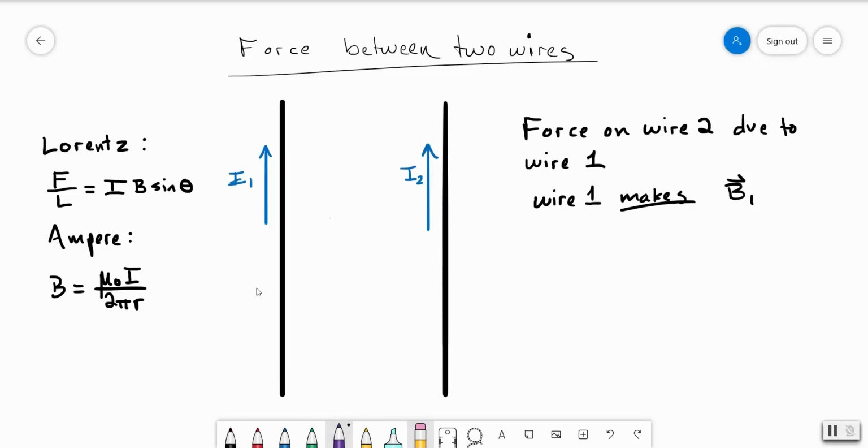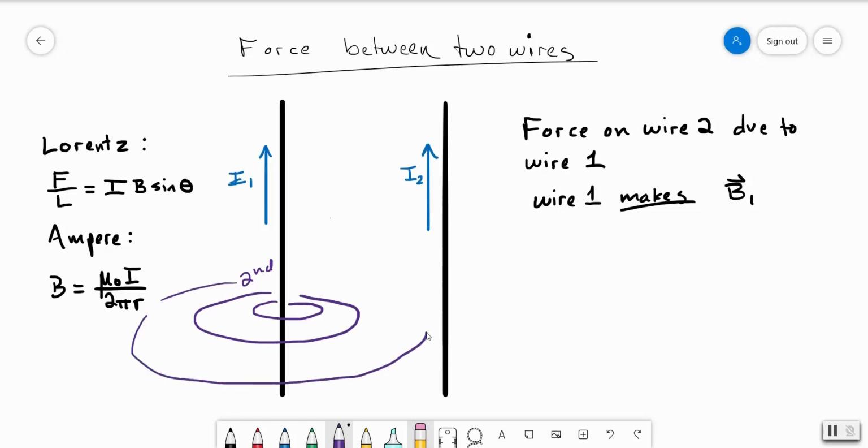Remember, if you use your second right-hand rule, then that produces your B field around your wire, right? And your second right-hand rule indicates that the magnetic field should be in this direction, right? Which means that when the magnetic field encounters wire 2, it will be going into the board, into the screen.